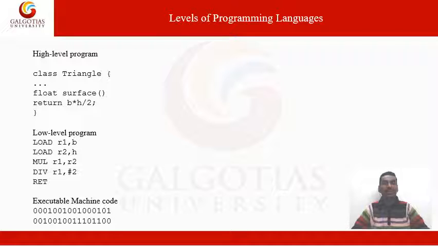Likewise we are using some assembly instructions in the program, we call it a low level program. Next, executable machine code. Executable machine code consists of zeros and ones, because the computer knows only 0 and 1, the binary digits, but people don't know the representation of the language in zeros and ones.